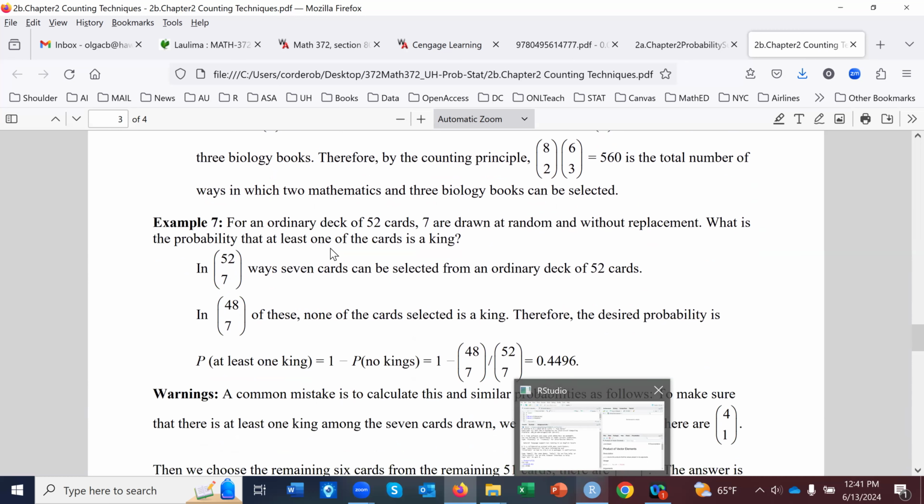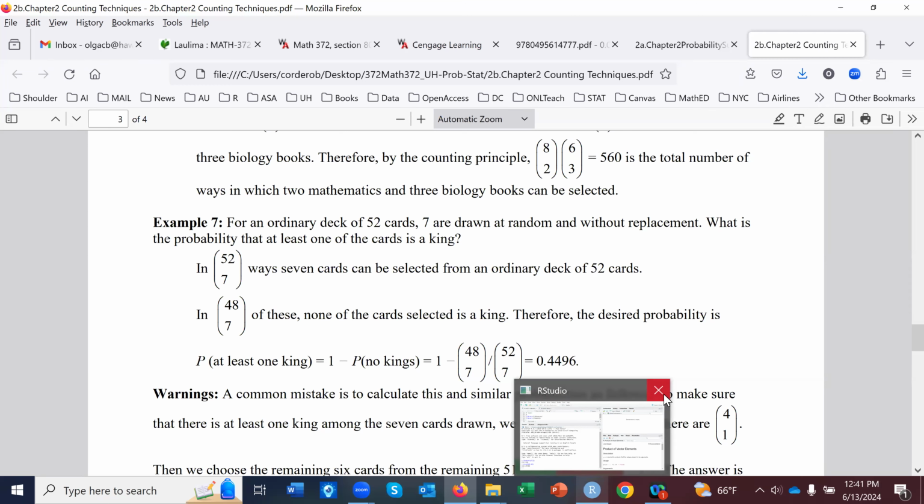You have 52 cards, and 7 are going to be drawn at random and without replacement. What is the probability that at least one of the cards is a king? Choosing 7 cards out of the 52 can be done in 52 choose 7 ways. Now we want at least one king. You remember what I say? At least is a hint that maybe we should use the complement.